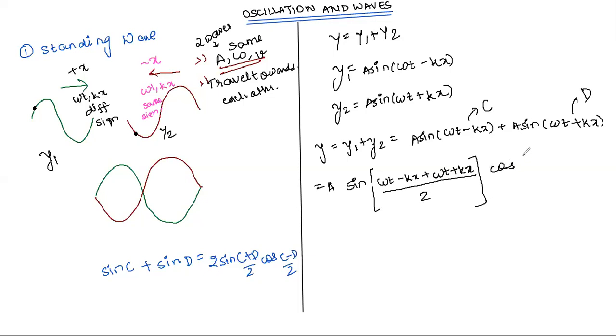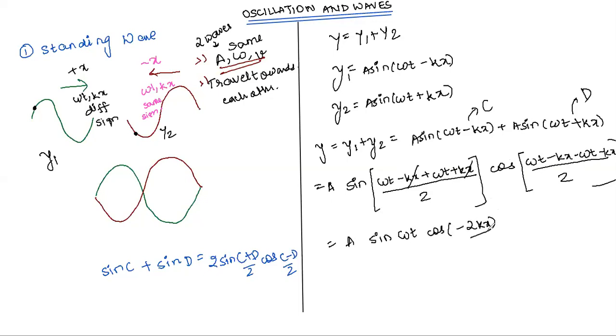Similarly, into cos c minus d, that is omega t minus kx minus omega t plus kx whole by 2. So this gives me a, this kx and kx gets cancelled. I have a sine 2 omega t by 2, which is omega t, into cos of minus 2 kx by 2.